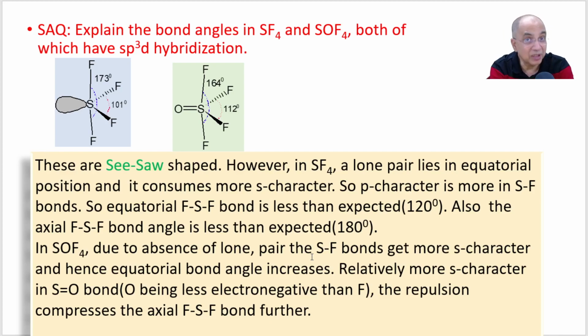But if there is a lone pair, then it will change. How to explain this? For example, we take sulfur tetrafluoride. The steric number is 5. There is a lone pair here. The hybridization is sp3d. I have written it here somewhere.